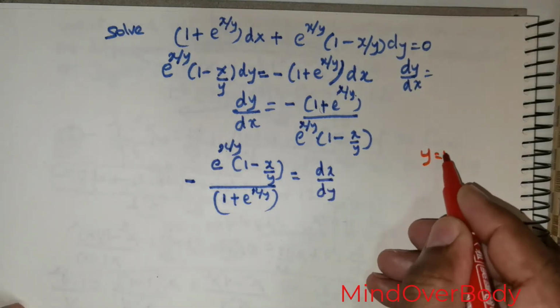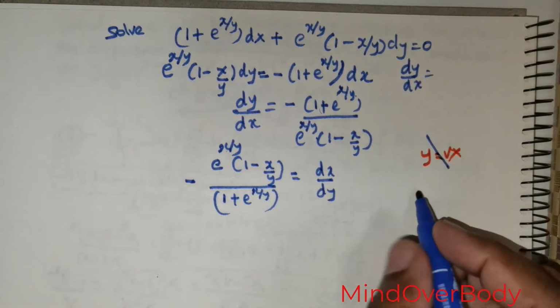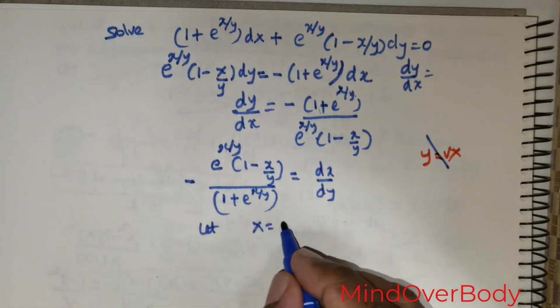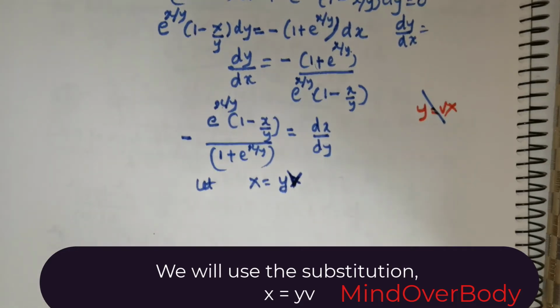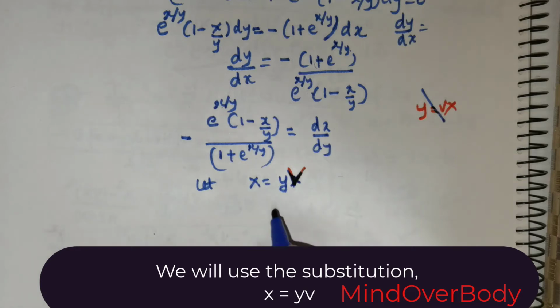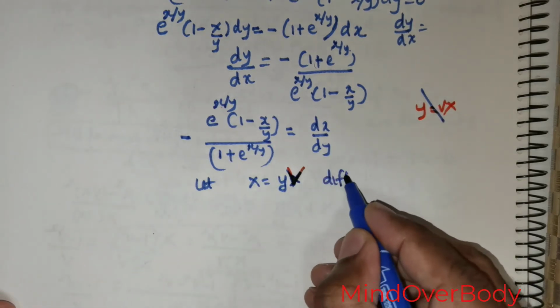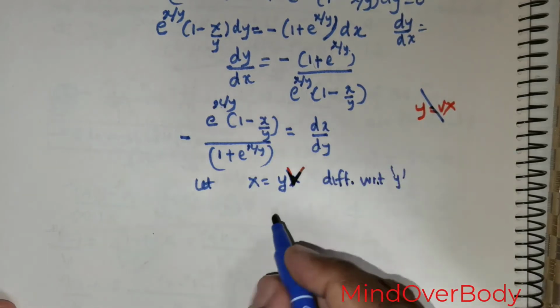Now usually we start off with the substitution y is equal to vx, but we are not going to be using this. Instead, we are going to say let x be equal to y times v. This is the substitution we would be making. So in this case we would be differentiating with respect to y.